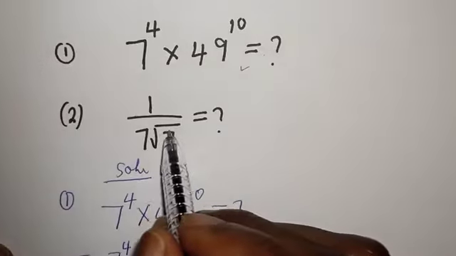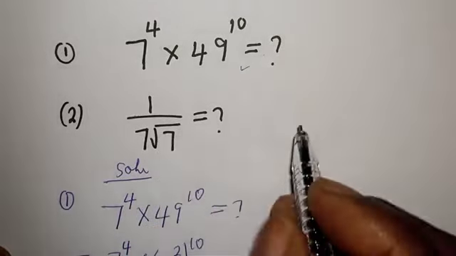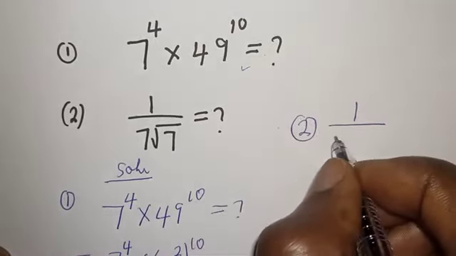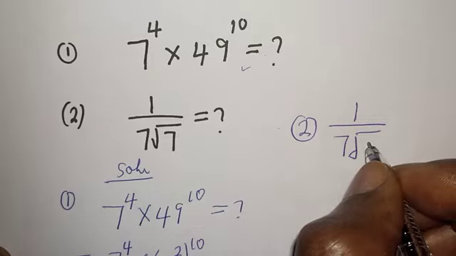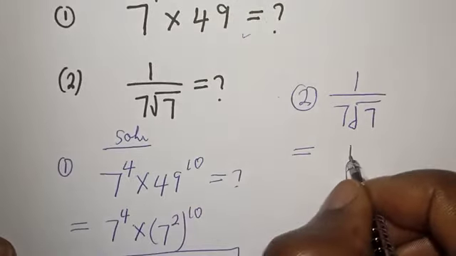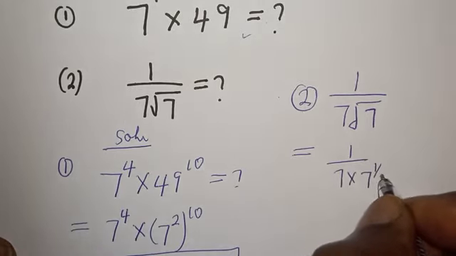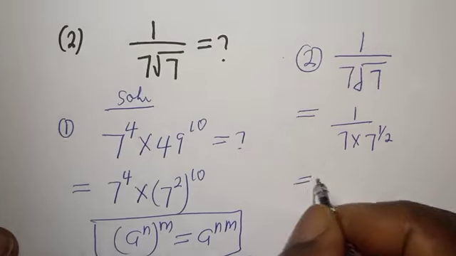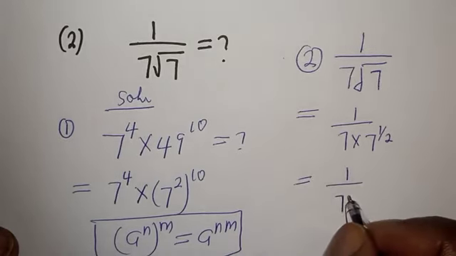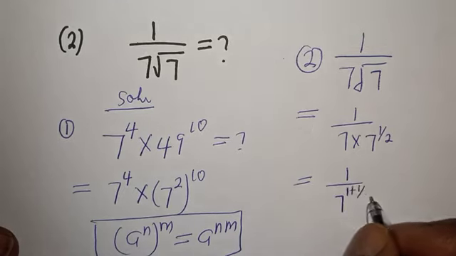Now let's consider the second one. The second one is 1 over 7 root of 7. Then number 2, 1 over 7 root of 7, and this is equal to 1 over 7 multiplied by 7 raised to power 1 over 2, equal to 1 over 7 raised to power 1 plus 1 over 2.